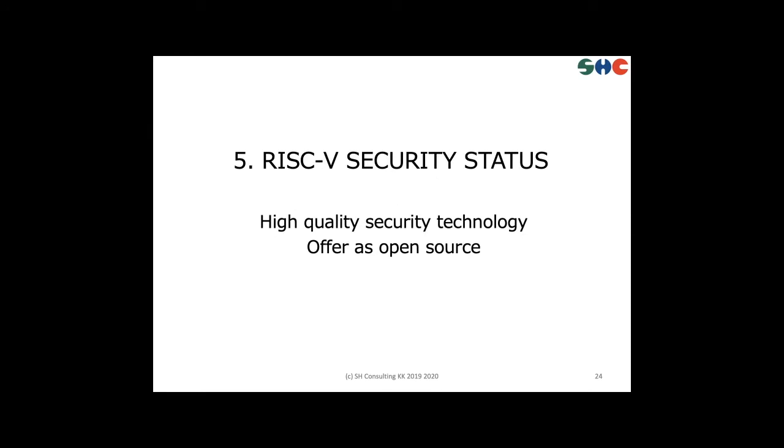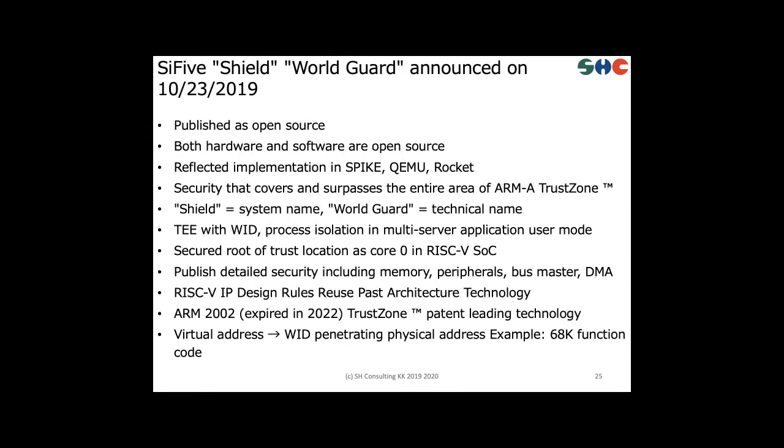And then the RISC-V security status is that SiFive has just announced WorldGuard in October of 2019. It is published as open source, so everybody can use it, and it is reflected in implementations in Spike, QEMU, and Rocket.